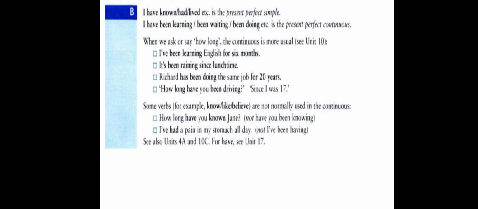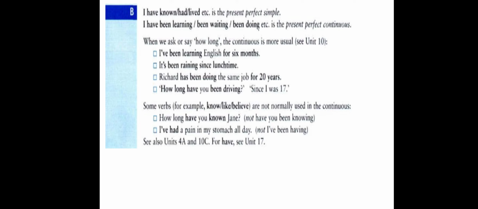So here we say, how long have you known Jane? We don't say, how long have you been knowing Jane? Because the verb know is a stative verb, so we can't use it. We are not allowed to use it in the present perfect continuous. We must use it in the present perfect simple. That's why we use how long along with the present perfect simple.